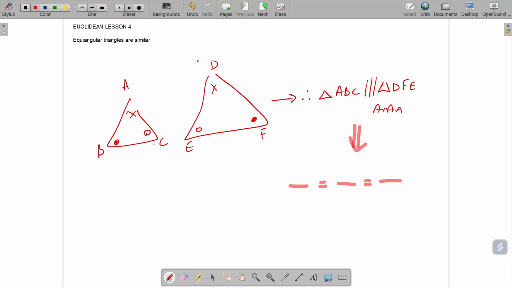And which sides, again, we said the whole point of writing this thing in order was so that we could see that AB, the first pair, would be going with DF, that the second pair, BC, would be paired with FE, and that the outer pair, AC, would be paired with DE. Now, again, that connection between the angles being equal, leading to the sides being in proportion, is something that we accepted in grade 9, but we never ever got around to proving.